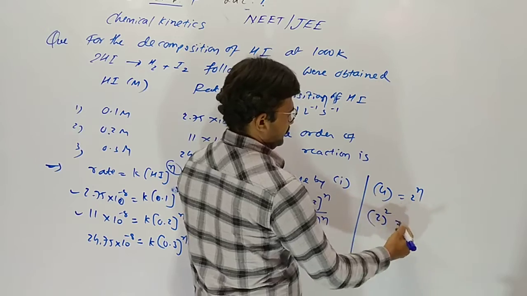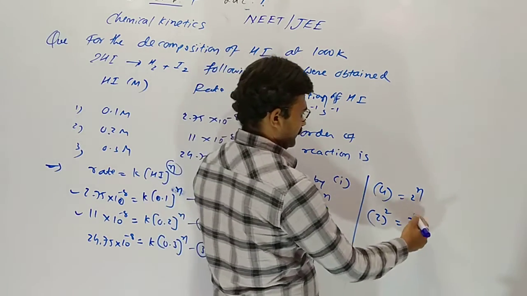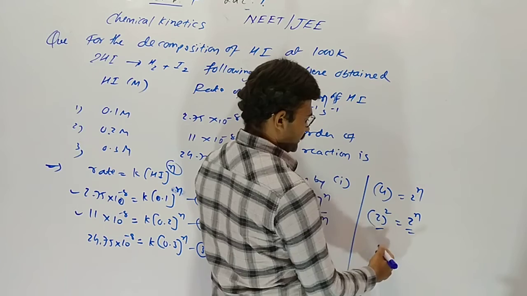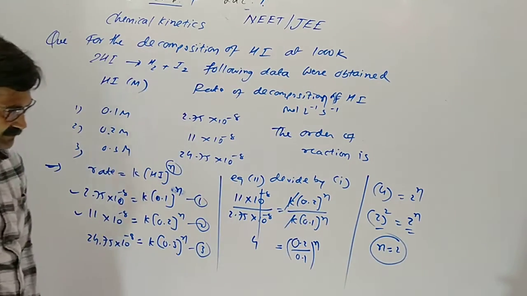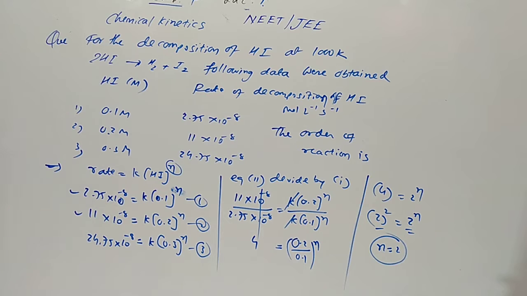So here 4 means 2 raised to square. Why? The base is common, so the power should be the same, so n equal to 2. So the order of reaction is 2. This is our answer. Here the order of reaction is 2. Understood?